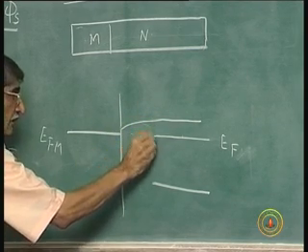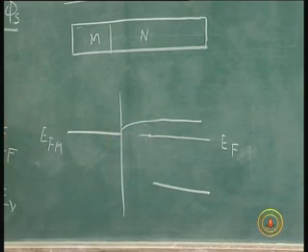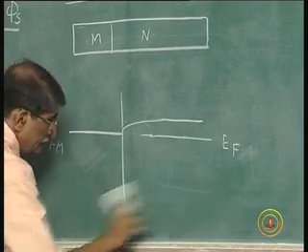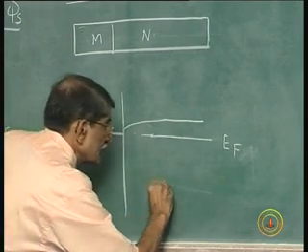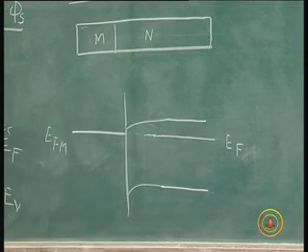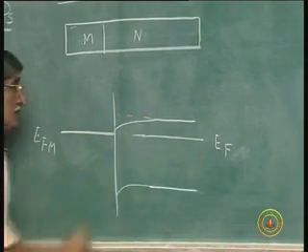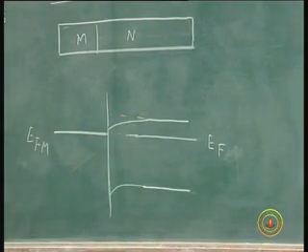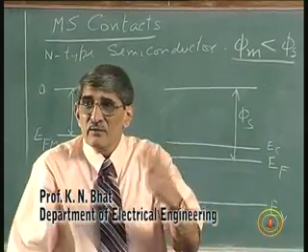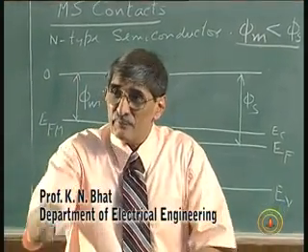How much it bends down, of course, depends upon the potential difference there. So, that is like this. Correspondingly, you will have a bend here, and this difference is actually equal to that difference, the band bending. In the previous case also, that band bending was phi m minus phi s, which was the built in potential.